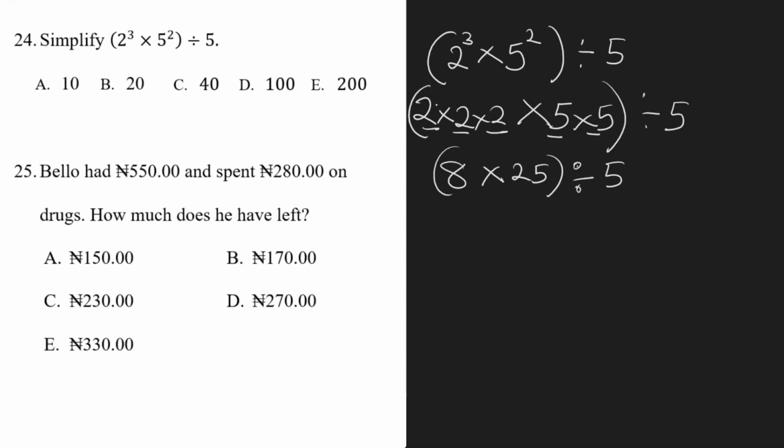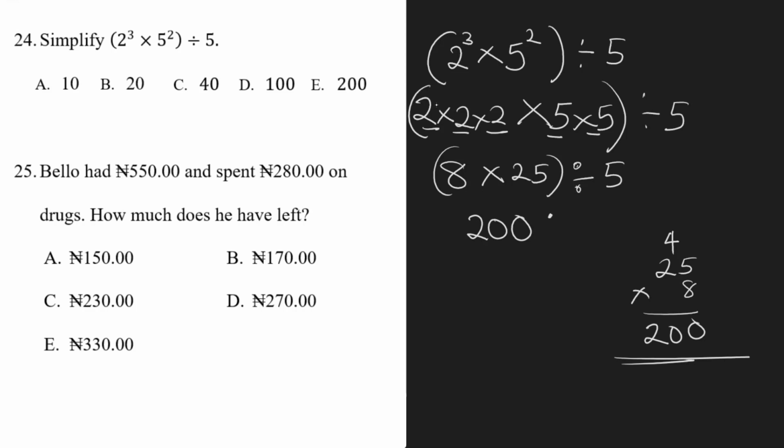Let's multiply it and see. 8 times 5 is 40. So put 0, carry 4. 8 times 2 is 16. And 16 plus 4 is 20. So we simply have 200 here.